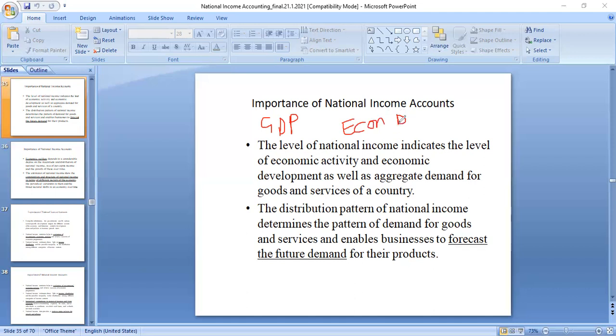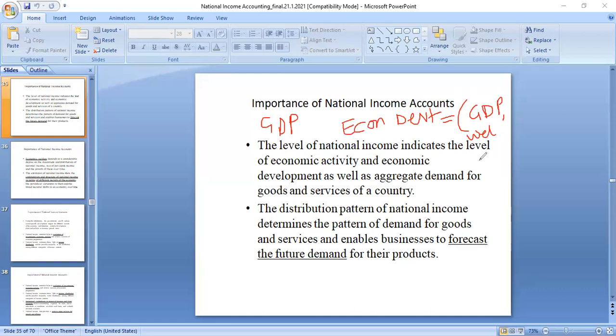Economic development will consider economic growth, which is measured in terms of the GDP. Are we getting it? And then it will consider the welfare of the country's citizens.